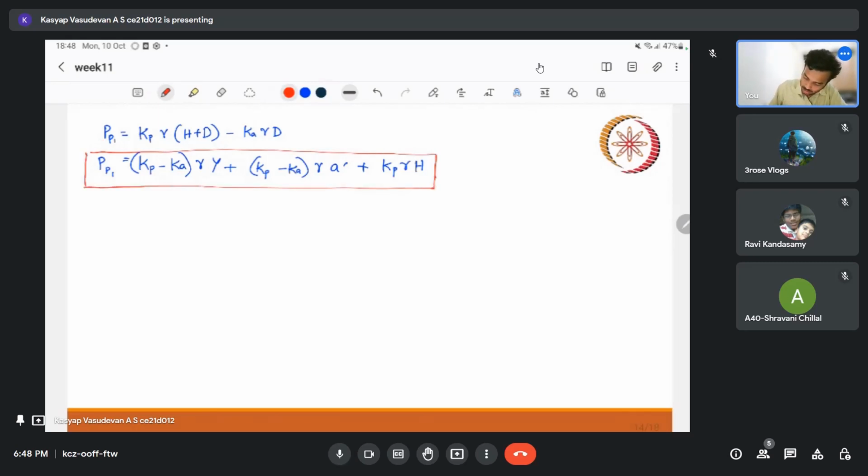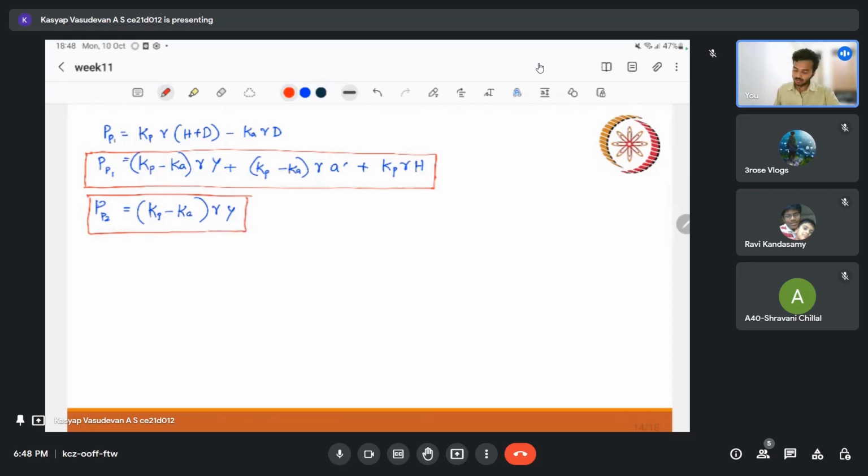So this is PP1. PP2 I can write as (Kp minus Ka) into gamma y. Okay, so these are the two expressions.